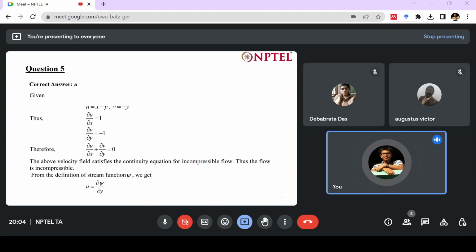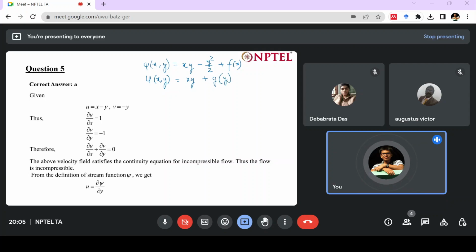Okay. Now let's continue here. I will write down the two expressions that we have got. From the first equation, what we got is xy minus y square by 2 plus a function of x. From the second equation, we got xy plus a function of y.